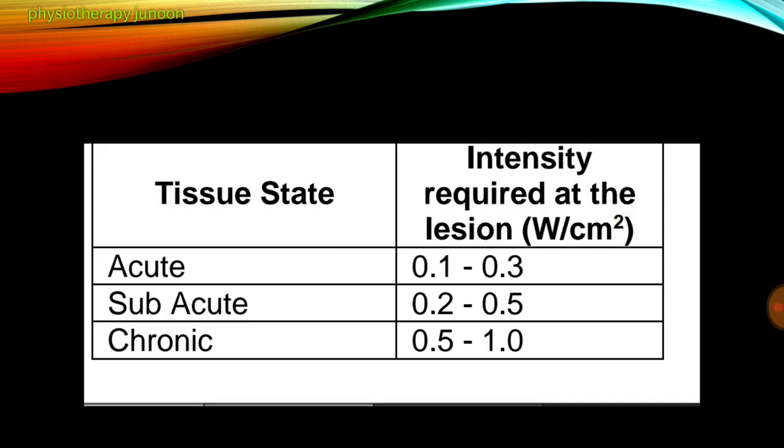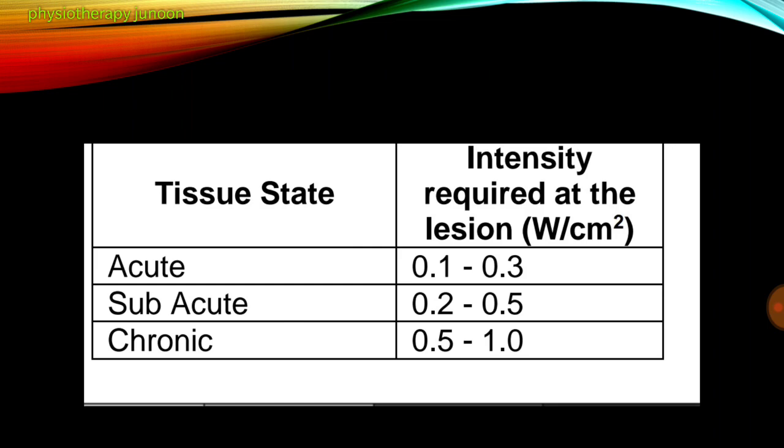In this, for the tissue state, acute, subacute or chronic, the intensity required at the lesion in the acute phase is 0.1 to 0.3. In the subacute phase, the intensity required is 0.2 to 0.5. And in the chronic state, the intensity required is 0.5 to 1.